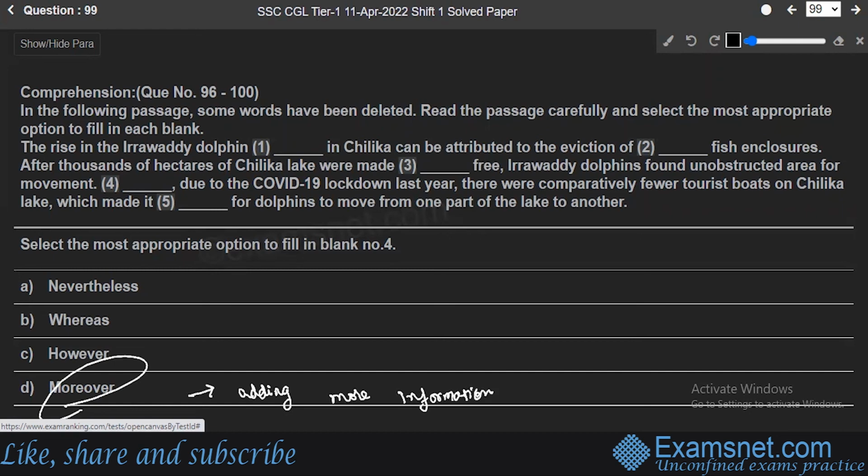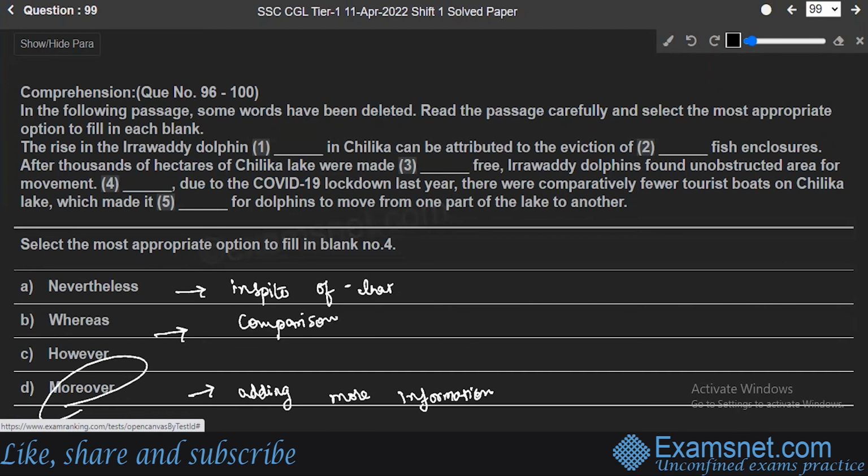So nevertheless means in spite of something, in spite of that. Whereas is used for showing a fact that is different, a comparison, right?